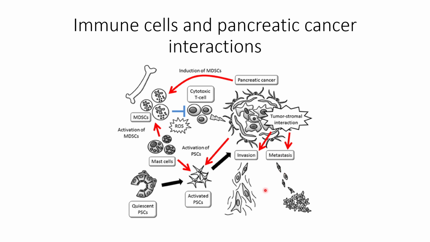One of the ways this invasion can be done is by increasing the fibrosis composition in the tumor microenvironment. There are multiple ways to do that, and the activated stellate cells will also support the fibrous formation, the highly dense fibrous formation or desmoplasia.